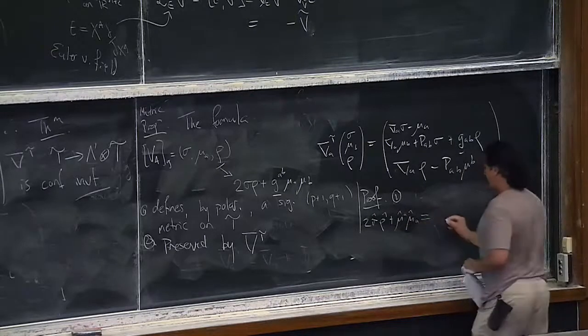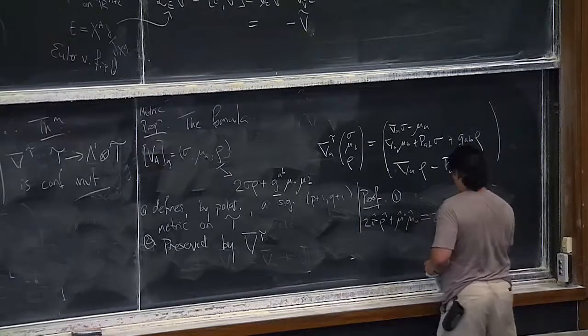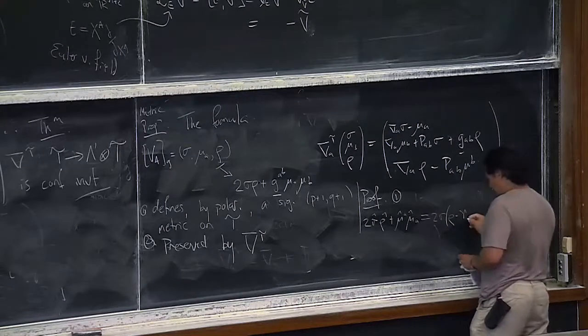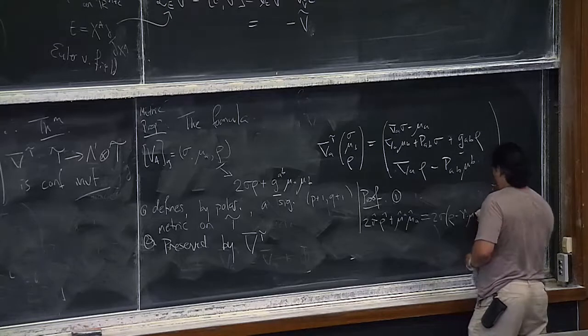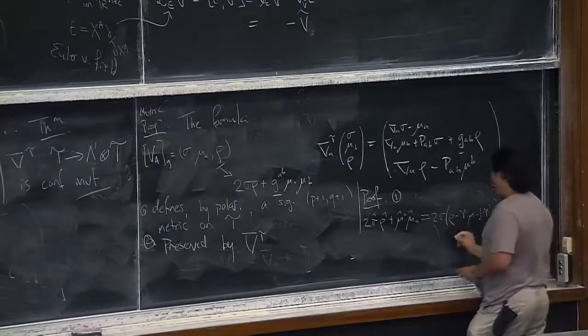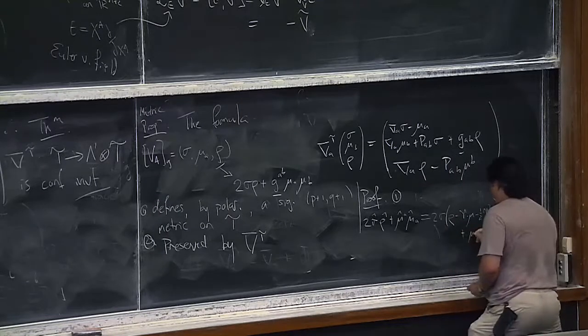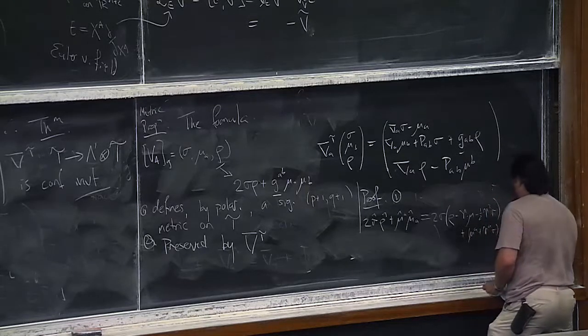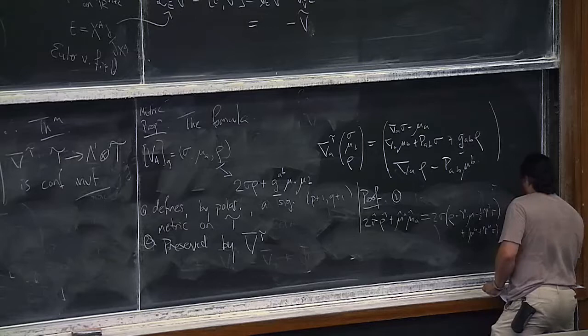Well, sigma hat is sigma, so I have 2 sigma. Rho hat is rho minus epsilon dotted into mu minus a half epsilon squared sigma. And then the other one, so mu hat is mu A plus epsilon A sigma, so that's dotted into itself using the conformal metric.